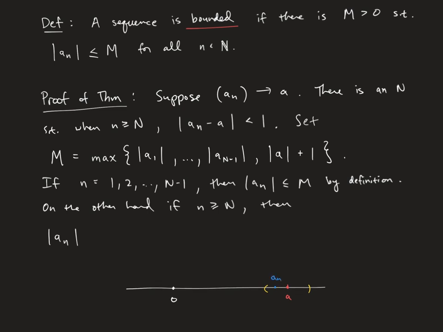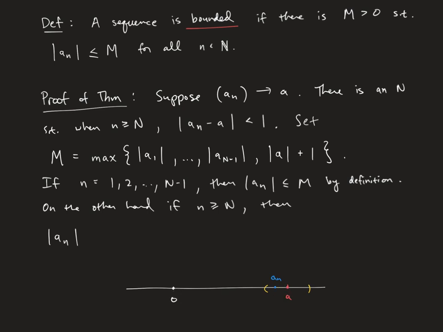And what we want to do is control the absolute value of an. The absolute value of an is just the distance from 0 to an. Okay, so we want to control that distance. And what we're going to do is just use this a as a waypoint. Okay, so instead of directly measuring this distance here, we'll measure the distance here from 0 to a, and then from a to an. Okay, so in other words, we're doing a triangle inequality thing.